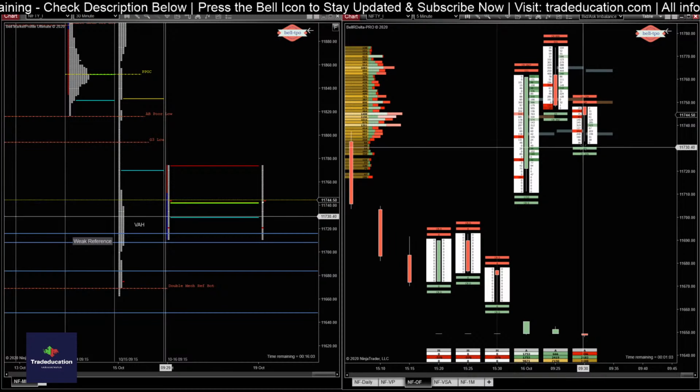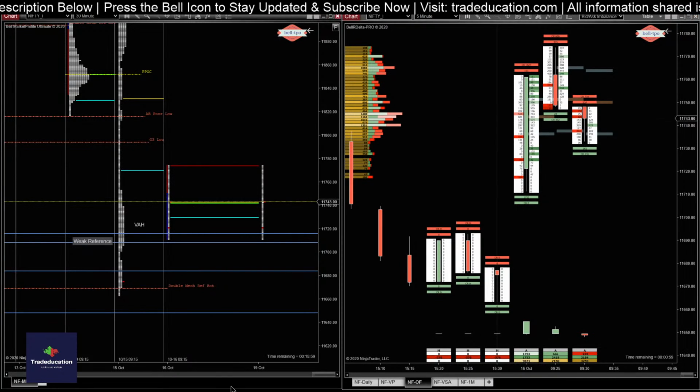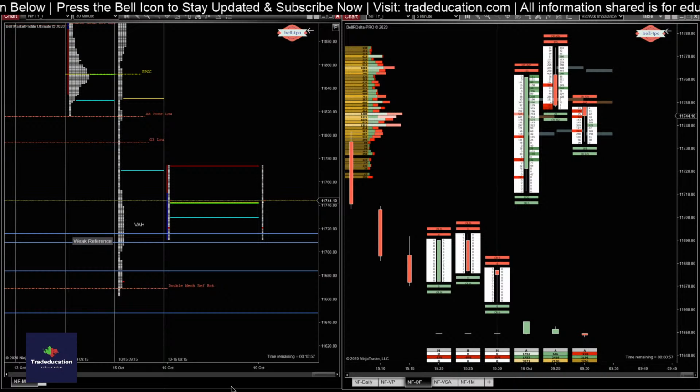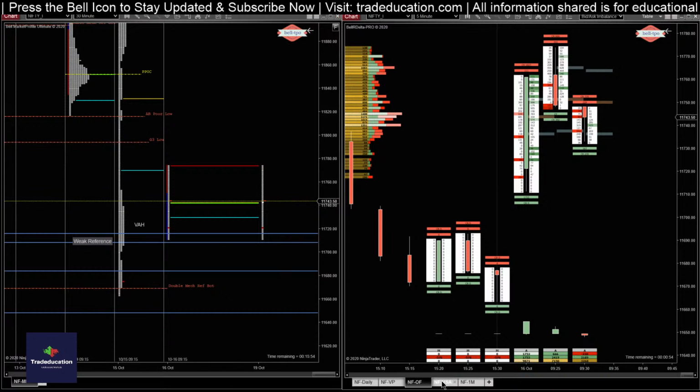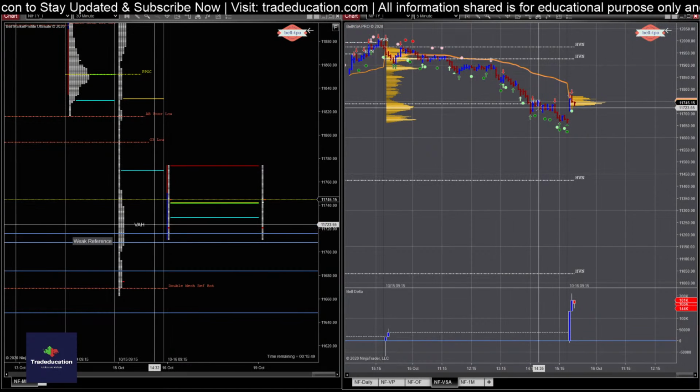If you look at these wicks forming, I think there is an HVN. Yeah, this is that particular HVN, 11,723.